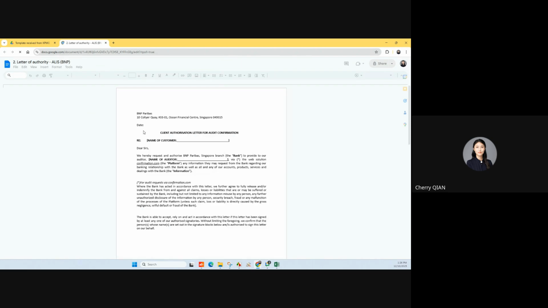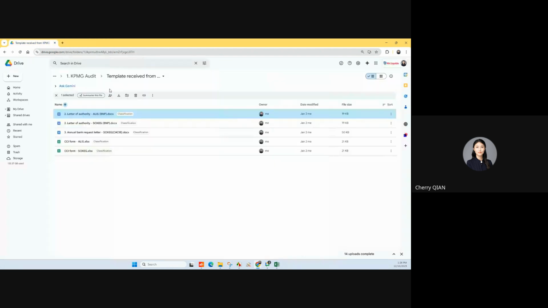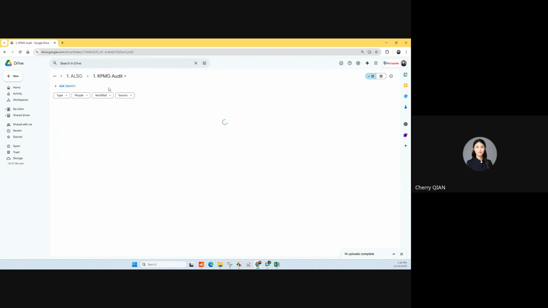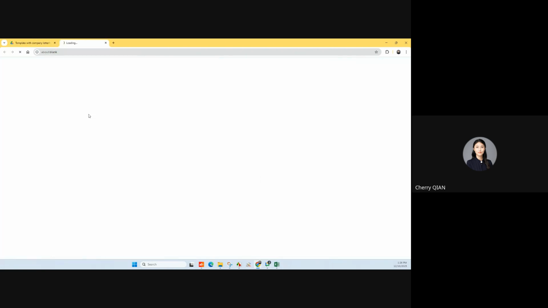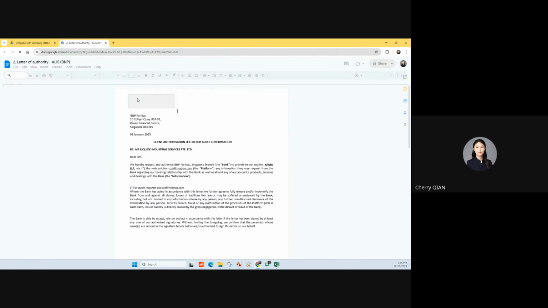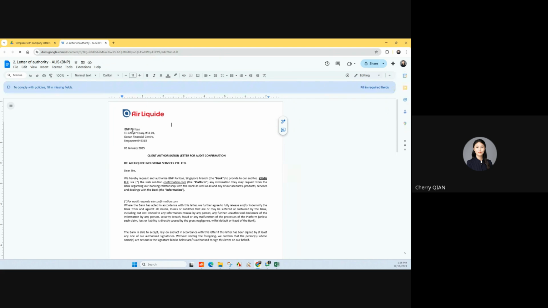They share it with the entities. When we receive it, what we do is we need to switch to the company letterhead. You just switch back to what we already have and copy paste there, and make sure your dates and the bank address are in line with what it is right now.